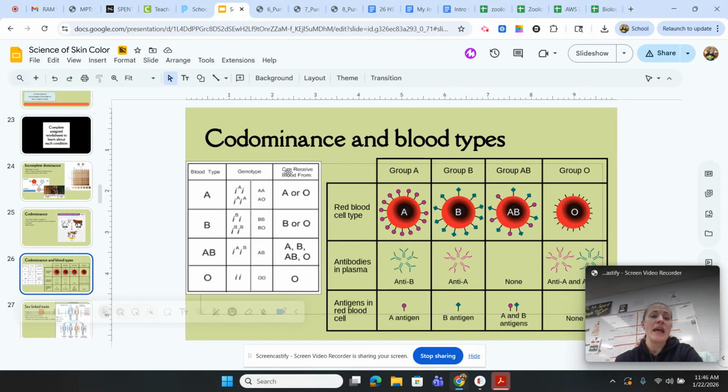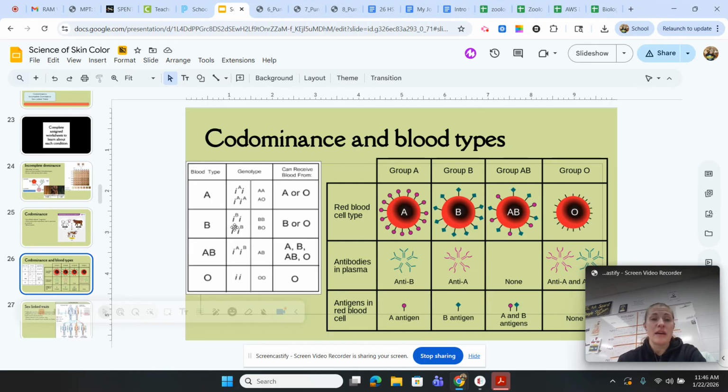Okay? If we look over here at our different genotypes, if you have type A blood, your genotype would either be I^A, I, meaning immunoglobulin A, and this I doesn't have a little superscript on it, so that means it's naked like that type O. Or you could be I^A I^A and have type A blood.